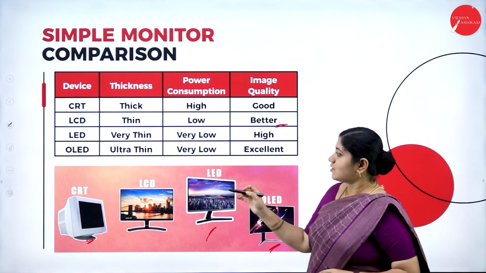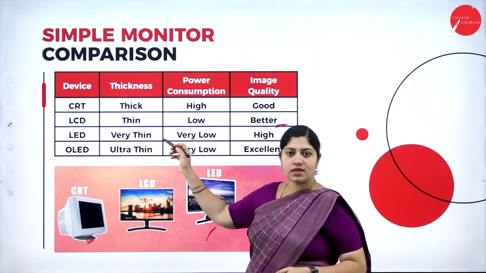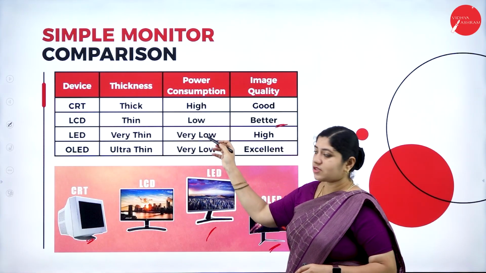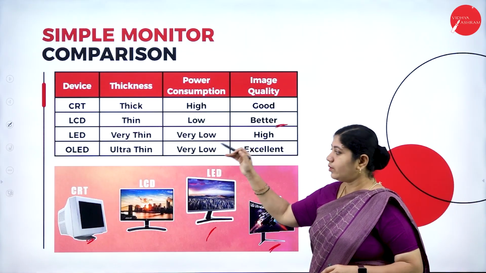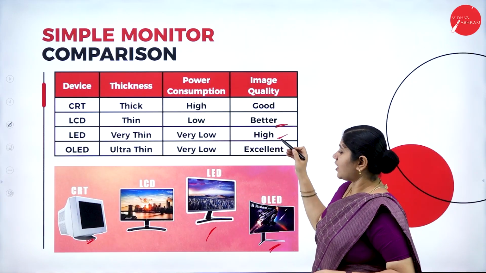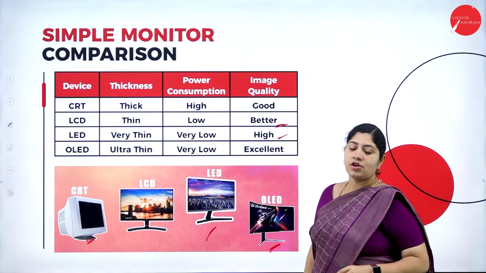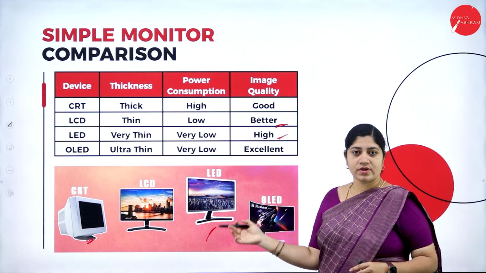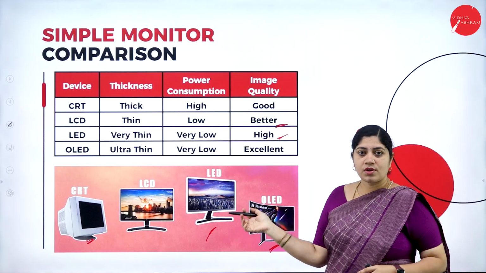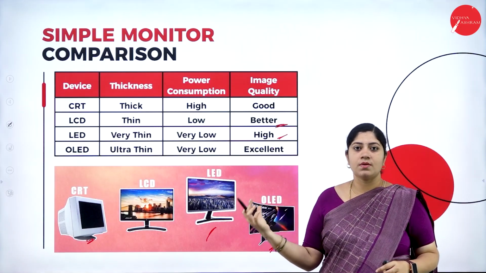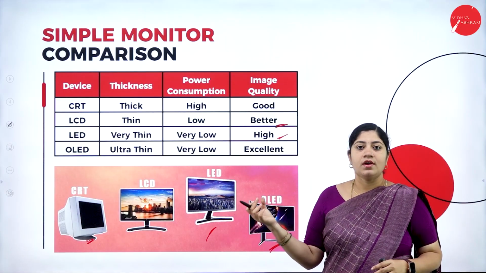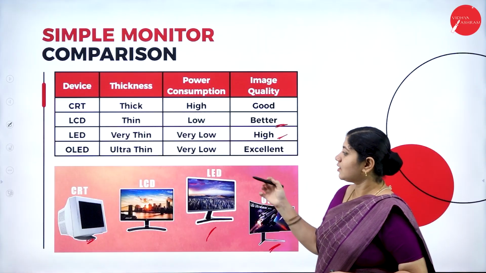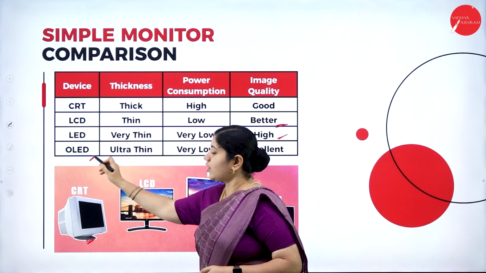Alright. So the next device is a LED. Here the thickness is very thin, the power consumption is very low and the image quality is high. So you get HD quality of images in this LED screen. Not only HD, you can also see 4K images very efficiently. Clear? The next device is an OLED.